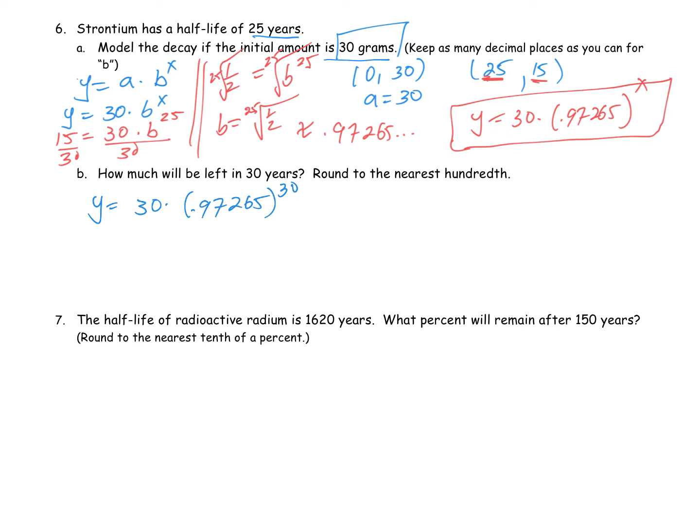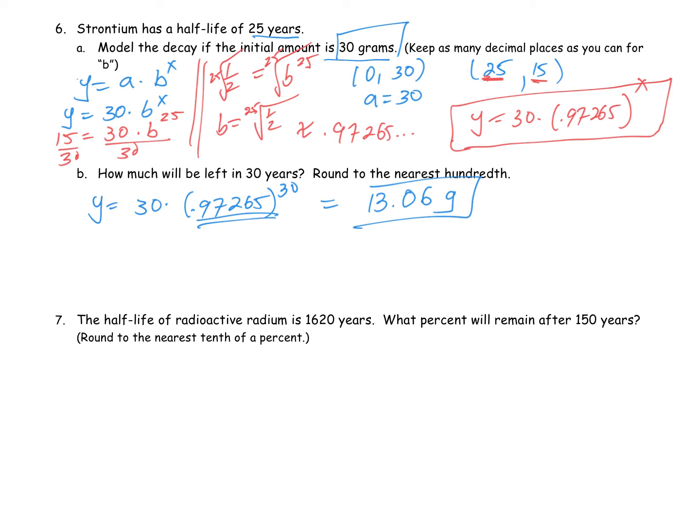I would keep this value for b in my calculator and just copy and paste that down from the previous calculation. When you enter that in your calculator, you'll get 13.06 grams is left.